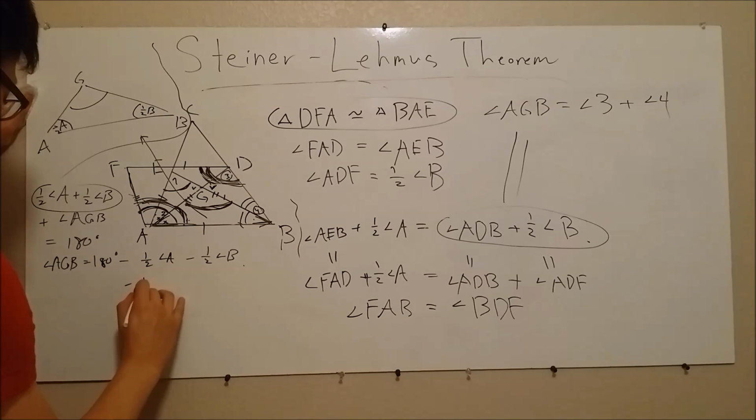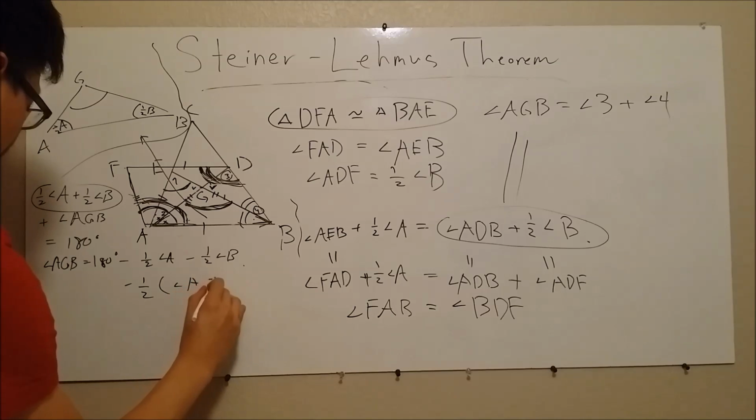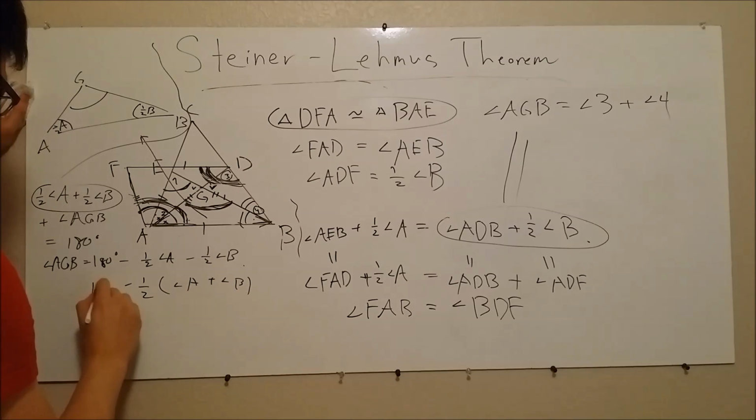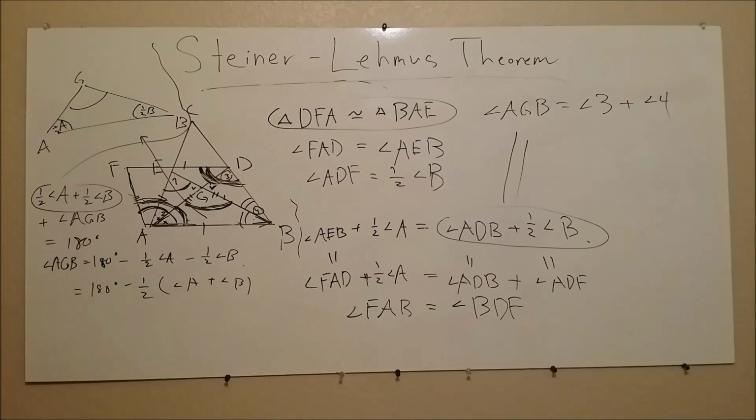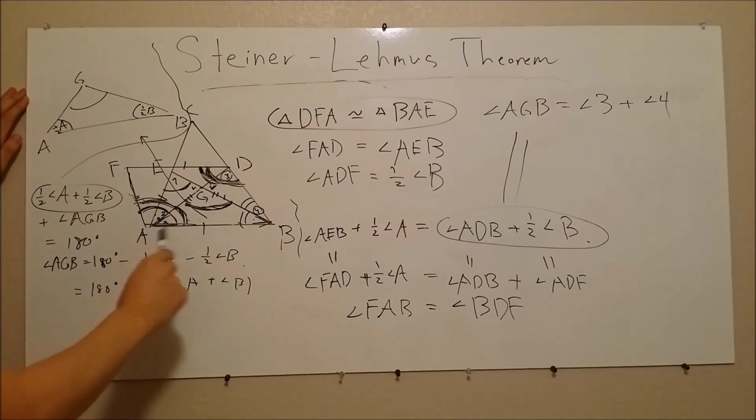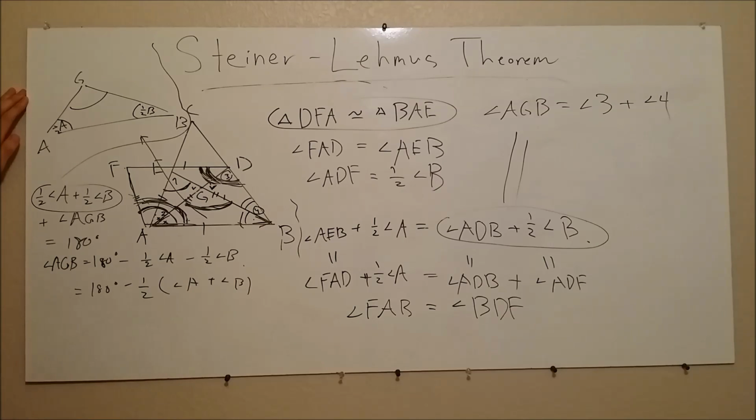Now let's pull out the half, a bit of algebra. What we notice here is half of a big angle, angle A plus angle B. Now we know angle A plus angle B can't be more than 180, and it can't be 180 because we have three angles A, B, and C. So this has to be less than 180 degrees.